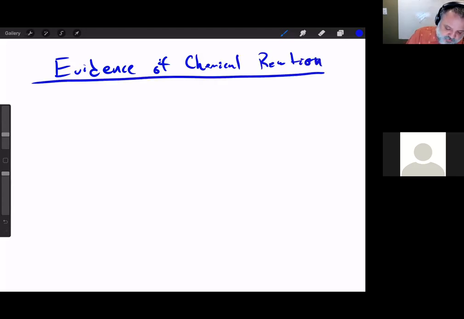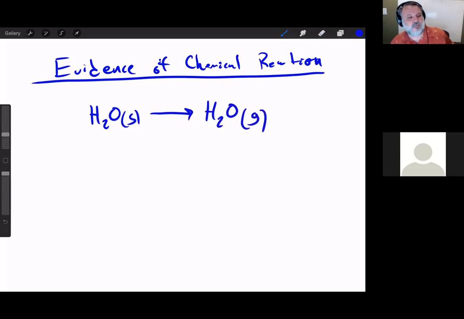Let's do this real quick. Is this a chemical reaction? Is this a chemical reaction? No, this is a state change. That's a physical process, so that's not a chemical process.